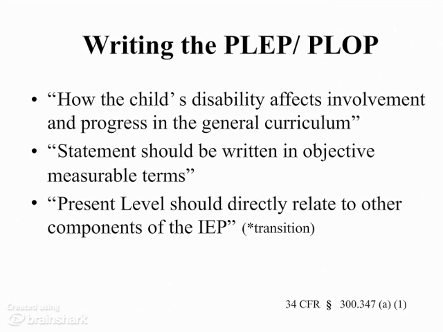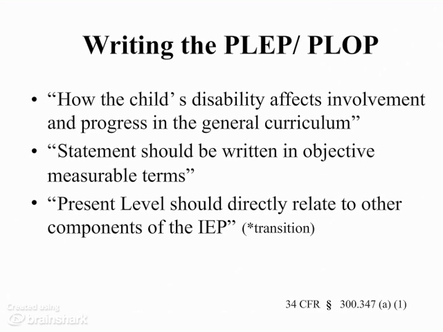When you look at what the law says, these are direct quotes from the law, there should also be a section on how the child's disability impacts their involvement in the general education curriculum. So how is having a learning disability impacting the student from accessing what their general education peers might be accessing.